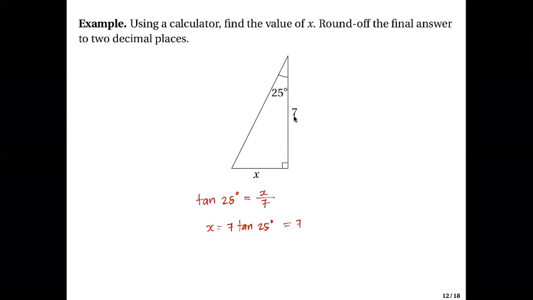So this is 7 times 0.466307658. And if you multiply this by 7, we will get 3.2641, etc. Or up to 2 decimal places, you have 3.26. Okay?